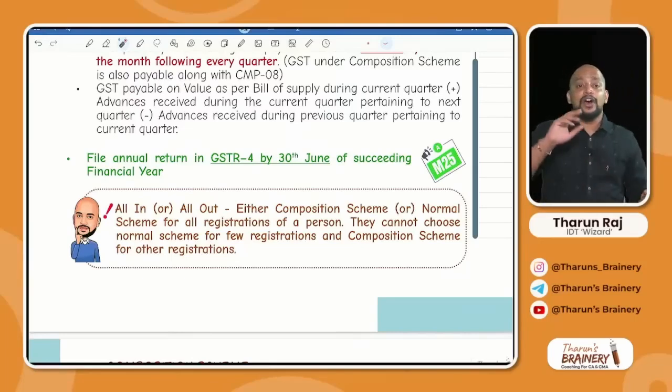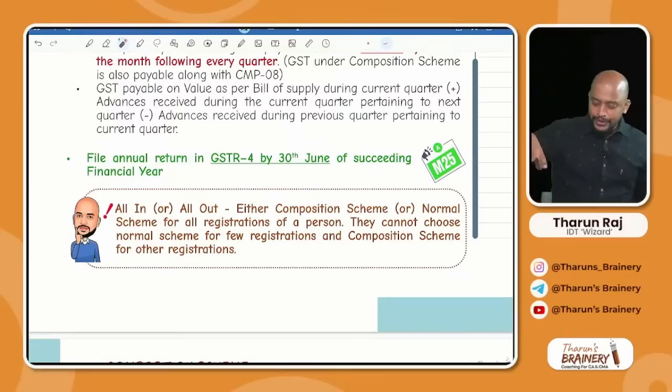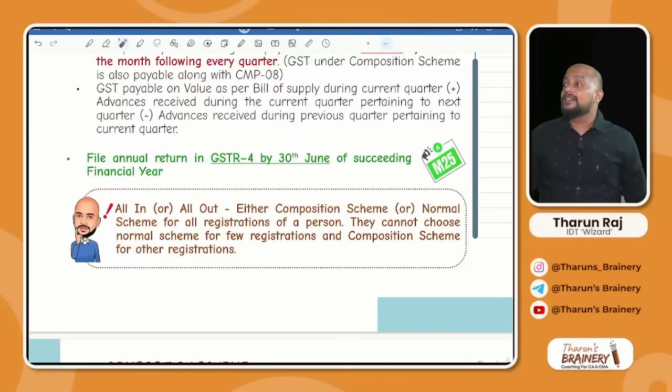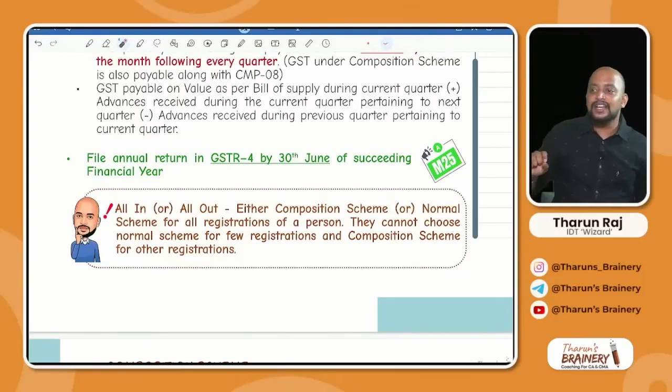See, this all in all out point is not only for composition scheme versus regular scheme, even for composition scheme also between 10.1 and 10.2a. Is it clear? But this word all in all out, I told you, I created. This is not there in the law. In exam, don't write all in all out. They will not understand what all out you are talking about. You understood?